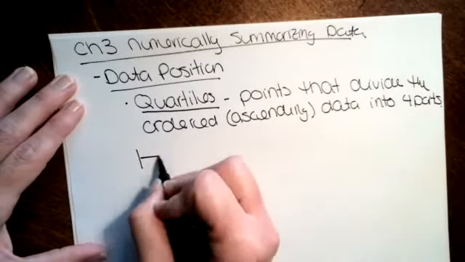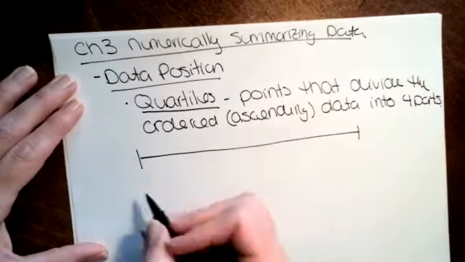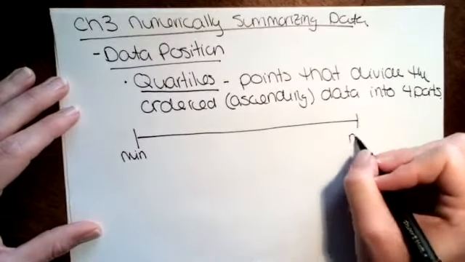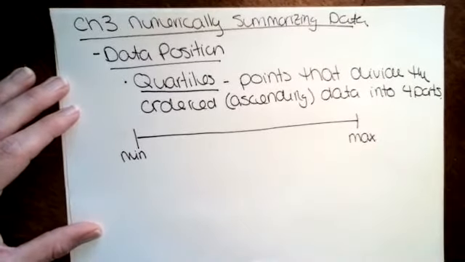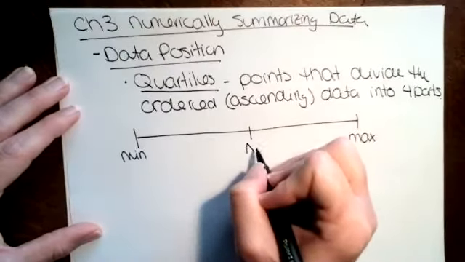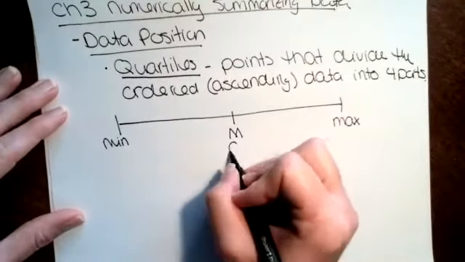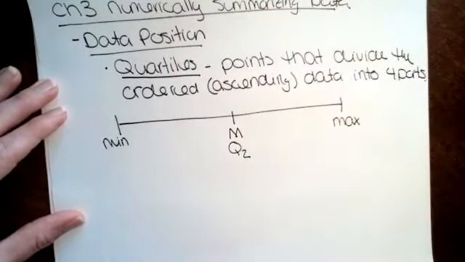So for a visual, if this is my minimum value on the left and on the right is my max, then right here in the middle is my median. My median is also called quartile 2. It's the same thing.